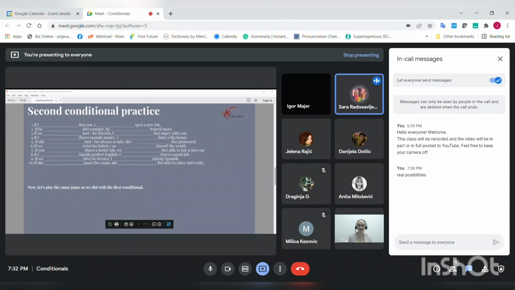Now, let's move on to the second conditional practice. Again, we do the sentences and then play the game in the same way. Igor, you can start with the first one. Okay. If I were you, I would get a new job. Excellent. Sarah? If he was younger, he would travel more.